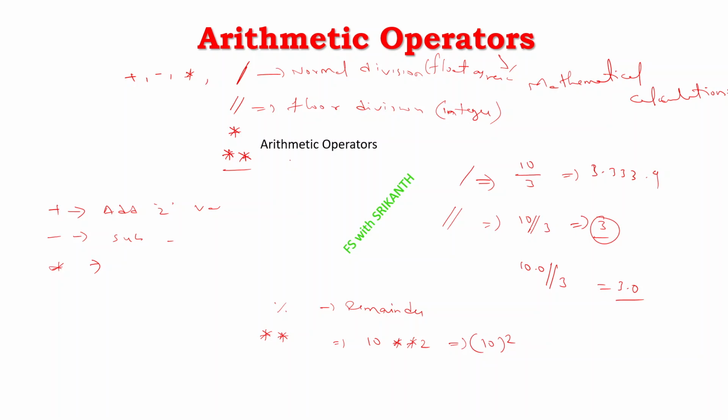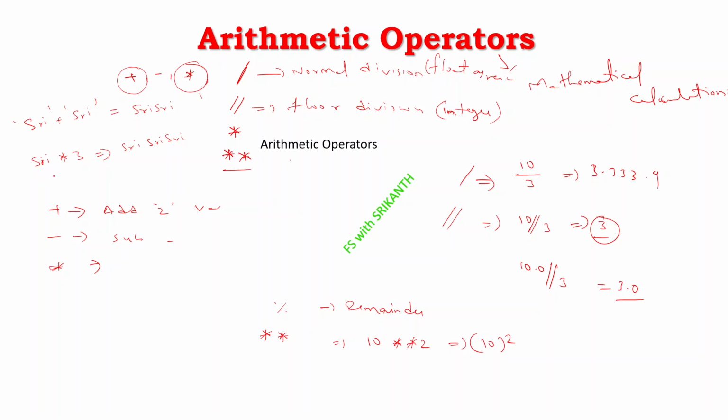These are the operators, but plus and star also work differently with strings: plus works like a concatenate operator, and star works like a repetition operator. We can concatenate two words, for example Sri plus Sri, which adds the two strings. And for repetition, Sri into 3 gives as output the string repeated 3 times. So this is string concatenation and string repetition.